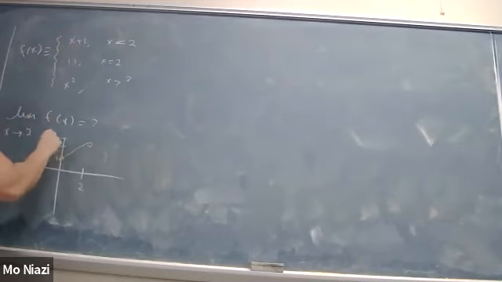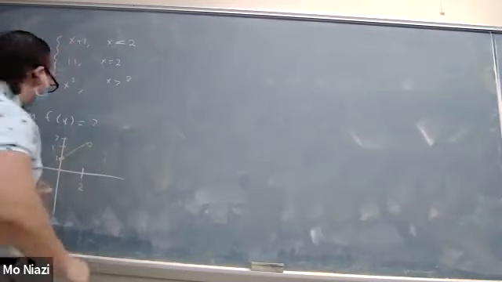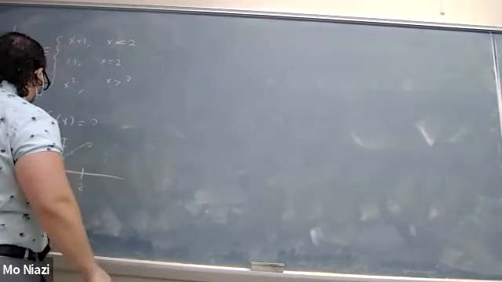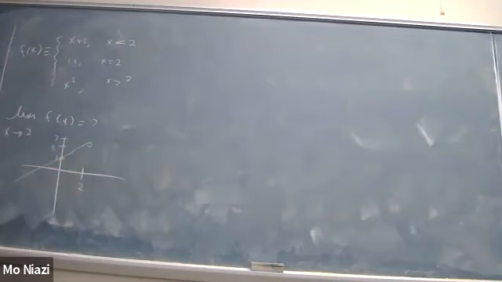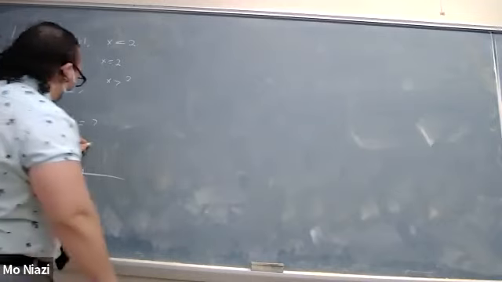So hence why I've drawn it like that. But we put a hole there because this is not defined at 2. We were just pretending that it was to see where the height should be, but it's not. That's why we put a hole. If it was, we would fill in this hole. But we're not going to because that's not what the function is at that point.